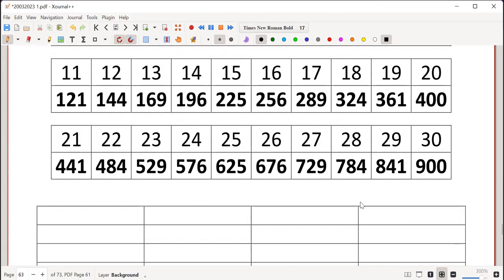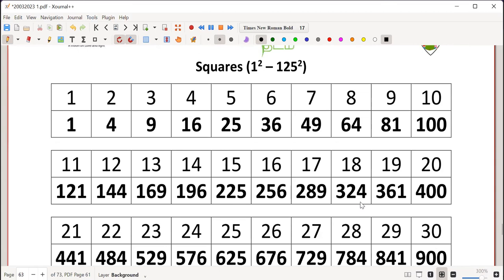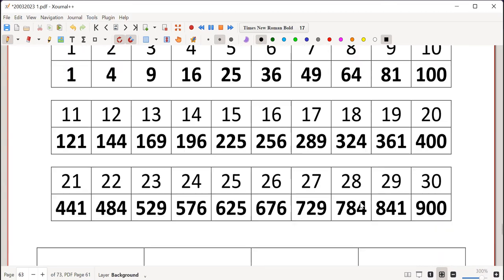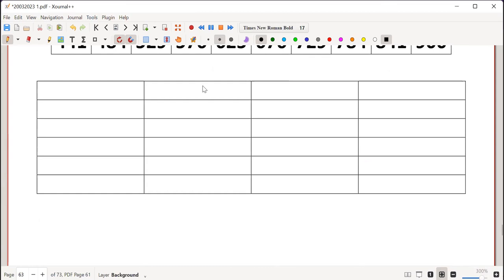We spoke about squares, isn't it? If you know 1 to 25 squares, I told you can easily proceed from two bases. One base is 100. Now you know what you do for 75 to 120.